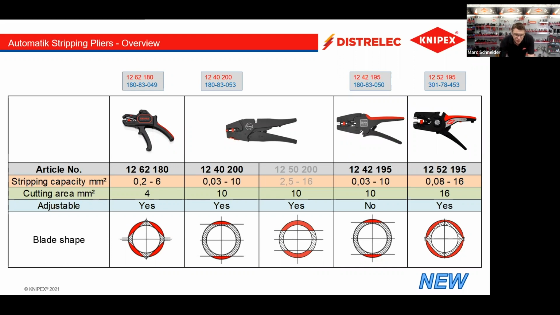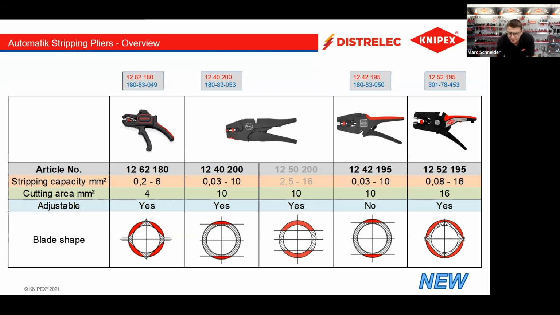And the blade shape. This here is the blade shape. So I think the stripping capacity is clear. So this tool goes from 0.2 to 6, from 0.03 to 10. And the new 16 goes from 0.08 to 16 square millimeter. So the adjustability is important in case the tool slips over the cable.